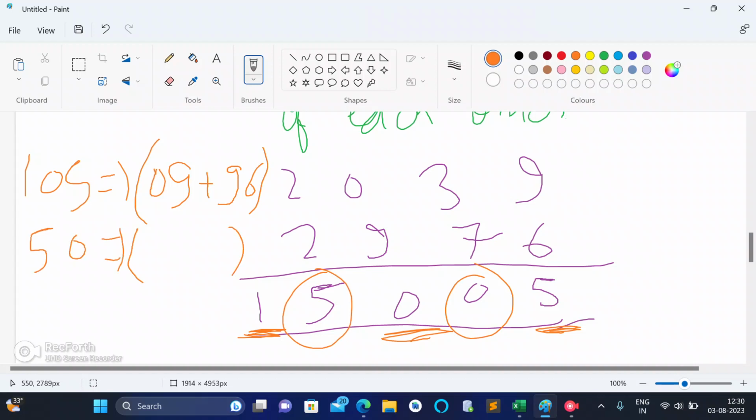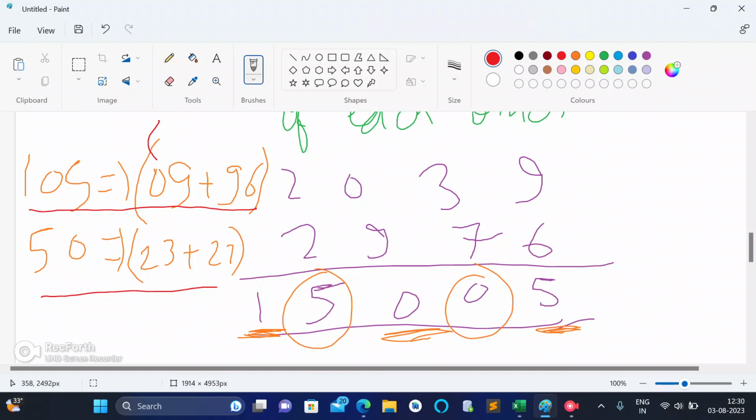This 50 can be represented as the sum of this 23 and this 27. Till this point, you will agree that 105 can be written as the sum of 9 and 96, and 50 can be written as the sum of 23 and 27.